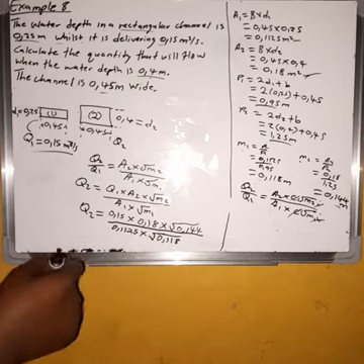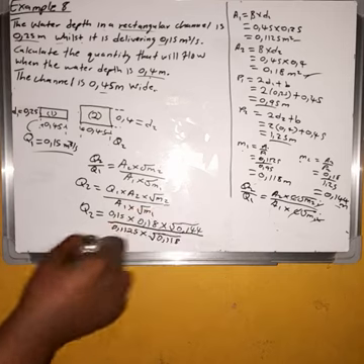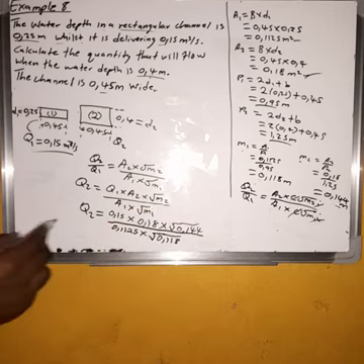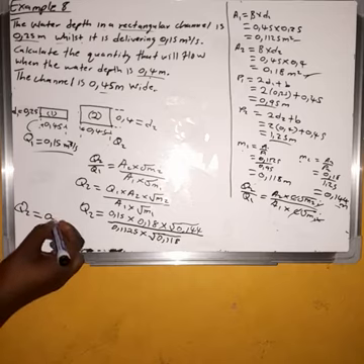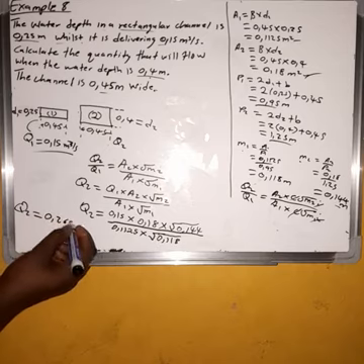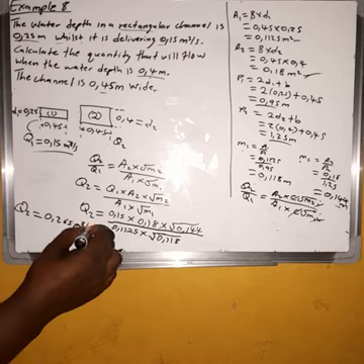Right, punch this on your calculator. As you punch in your calculator, Q2 must be equal to 0.265 cubic meters per second.